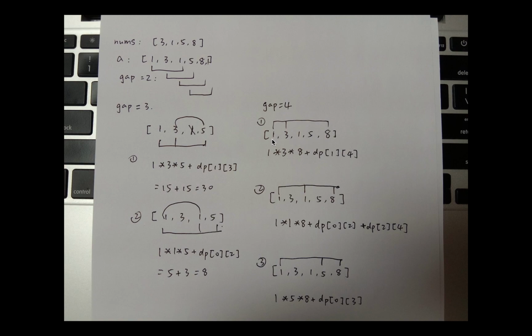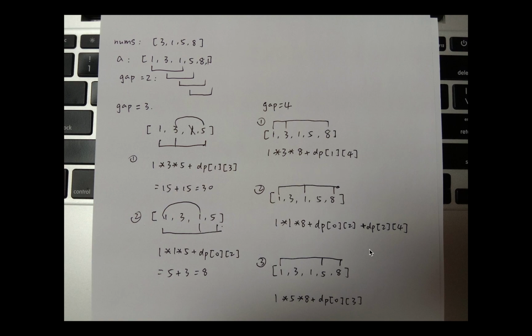In this case, we calculate 1 times 3 times 8 plus this dp[1][2] plus dp[2][4], which are sub-problems we already calculated before. In this case, we use 1 times 1 times 8 plus dp[0][2] plus dp[2][4].